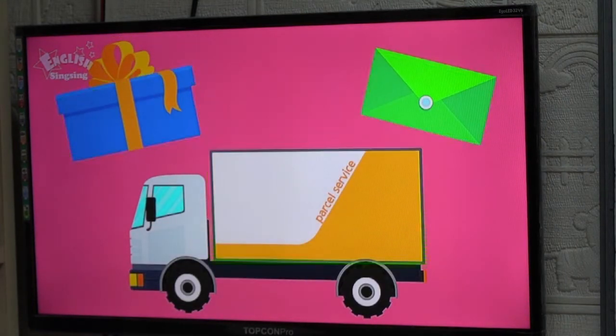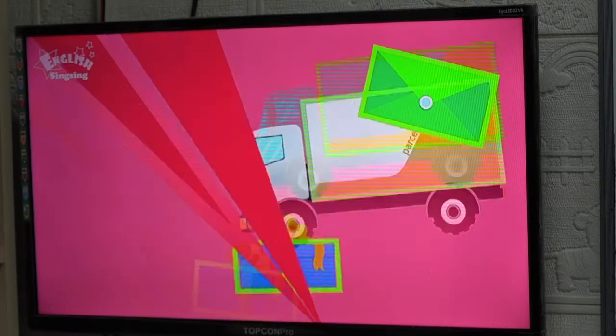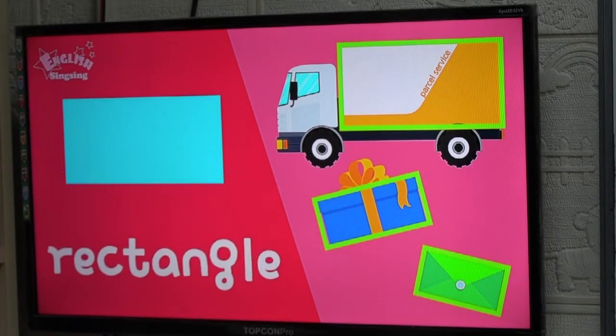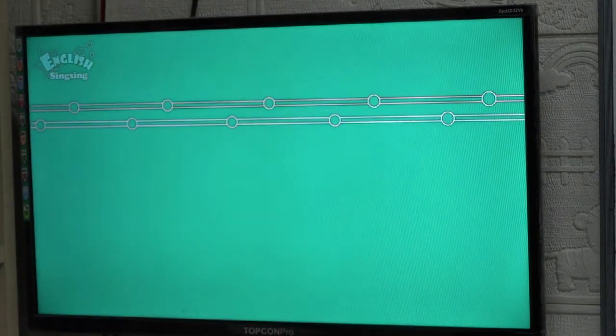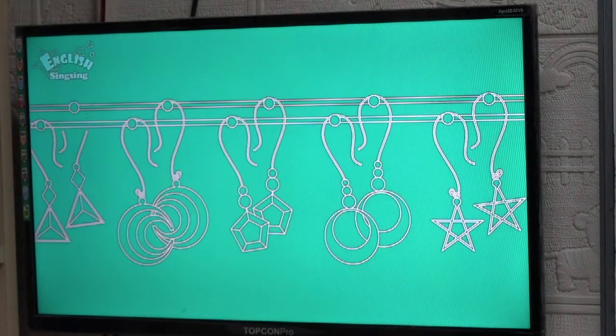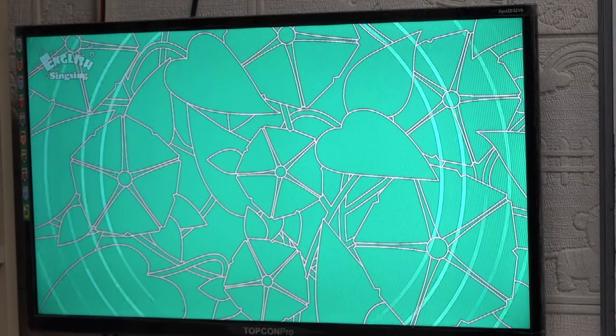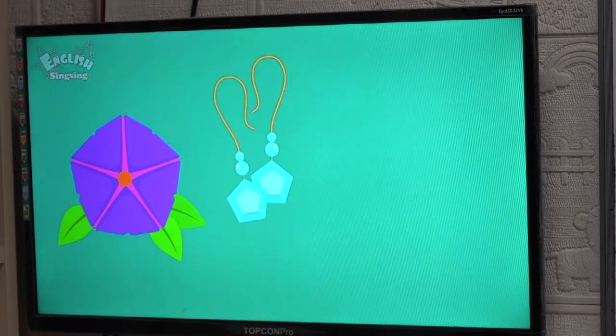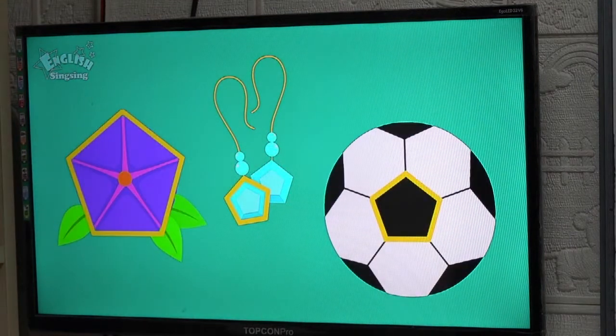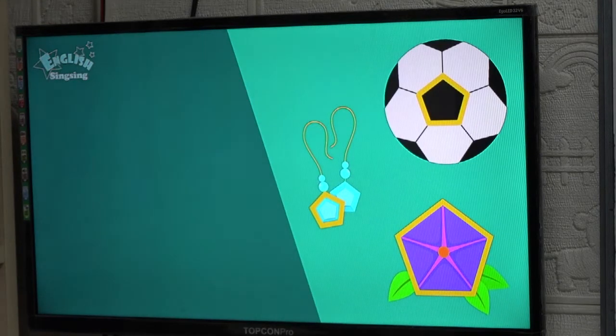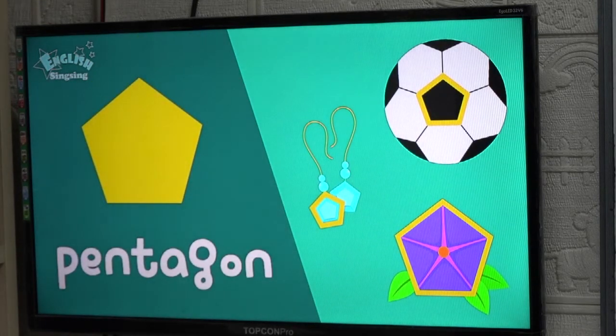These shapes are rectangles. Rectangle, rectangle. These shapes are pentagons. Pentagon, pentagon.